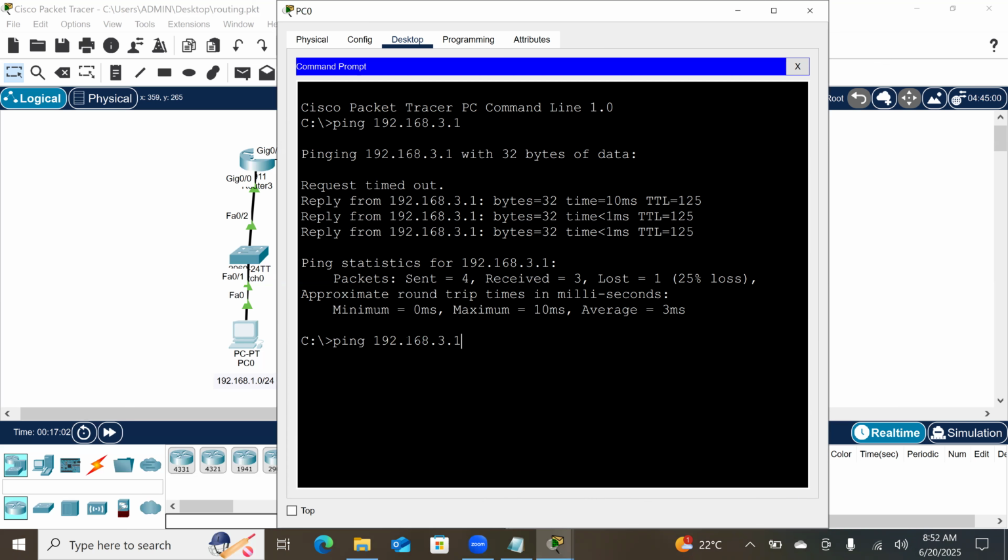If you check the second one, 2.1, that will also be pinging. So take out your laptops first.